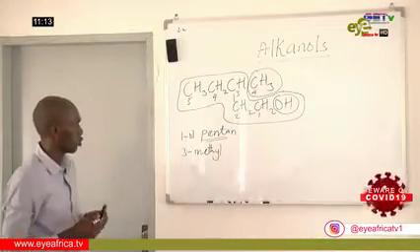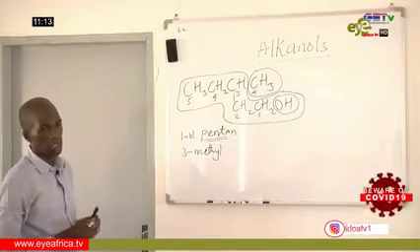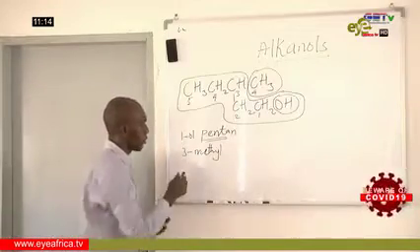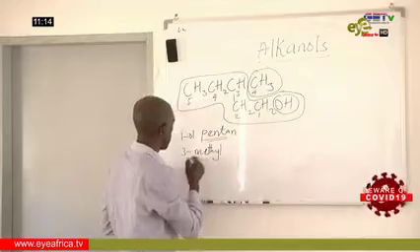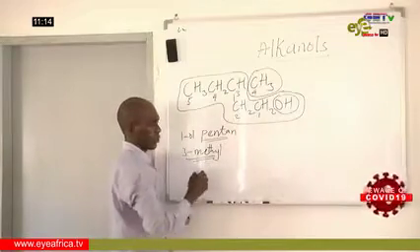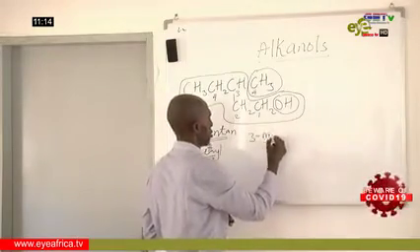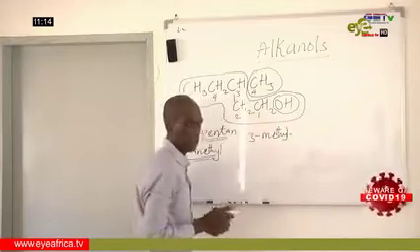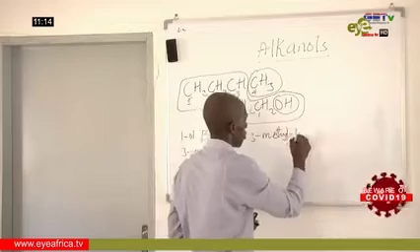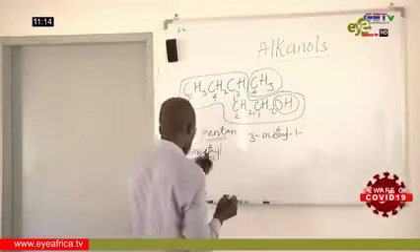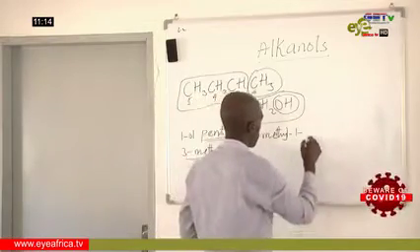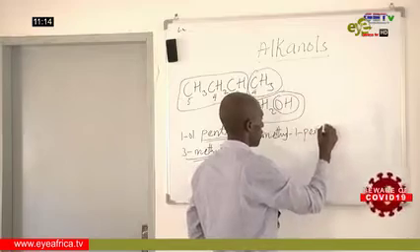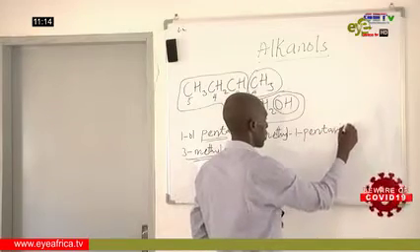So we can put this together to name this compound. So to name this compound, we'll name the substituent first, which is 3-methyl. Then comes the position of the functional group, which is on carbon number 1. And then the number of carbons, which is 5, pentan, and then the suffix OL.